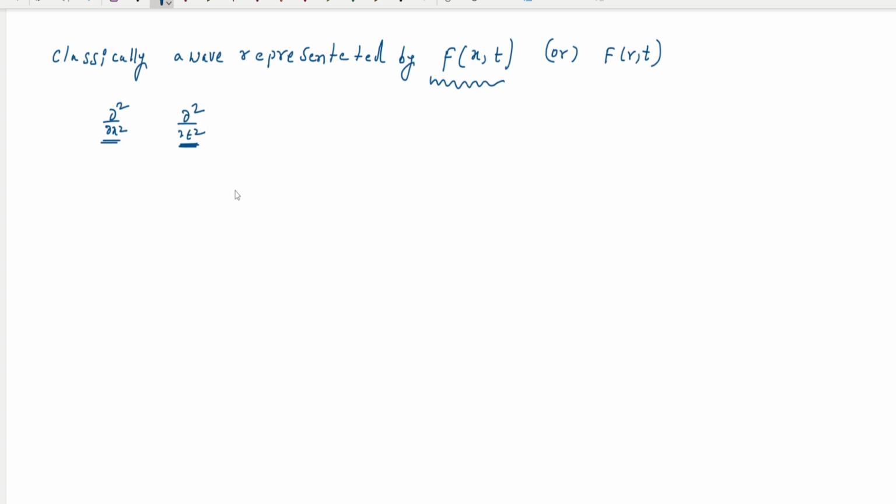We already know the classical wave equation is represented like this: dou square f divided by dou x square, minus 1 divided by v square, times dou square f divided by dou t square. Here v is the velocity of the wave. Sometimes we can use c, the velocity of light. The wave properties are wavelength lambda and frequency.